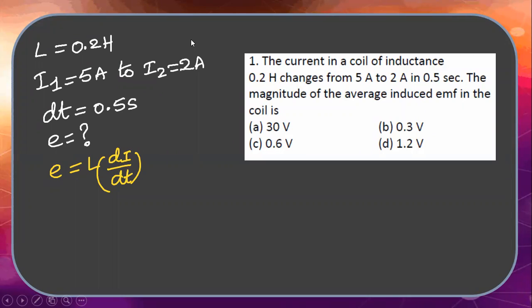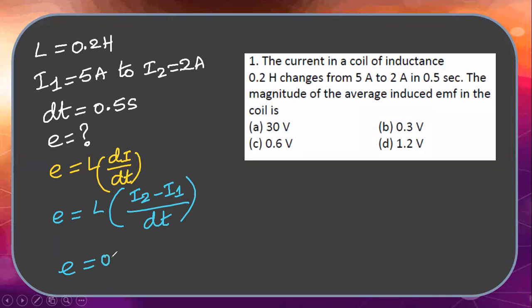L is 0.2. Here di means I2 minus I1, divided by the time period delta t, dt, we used to write.